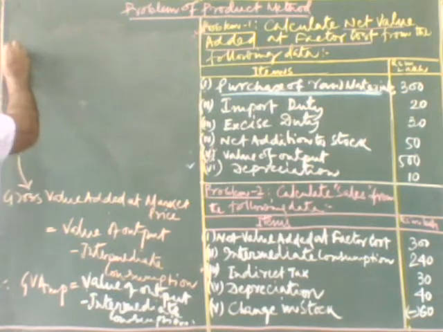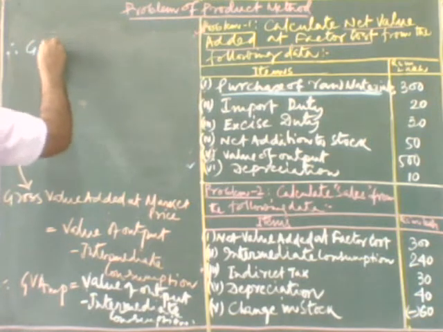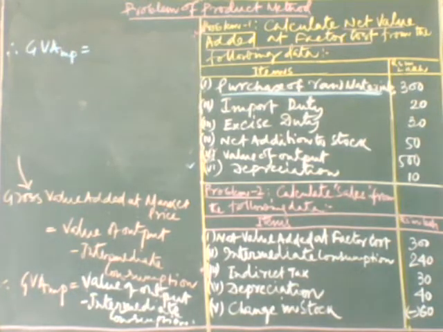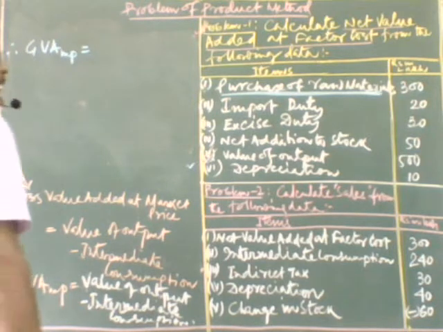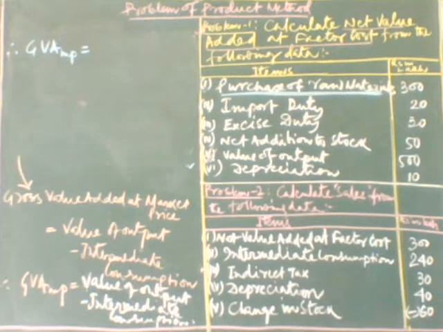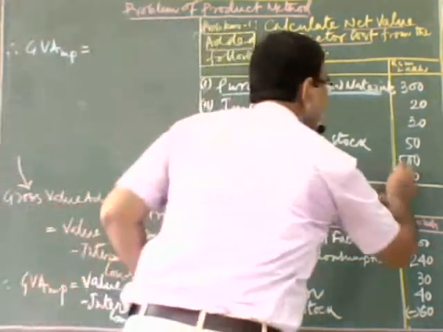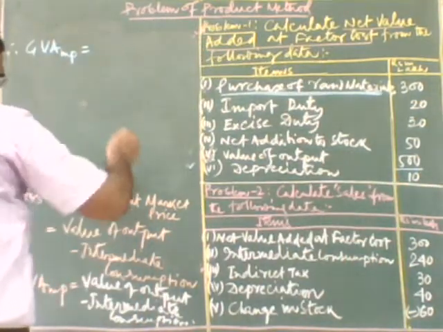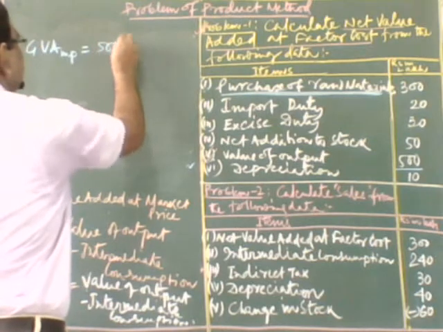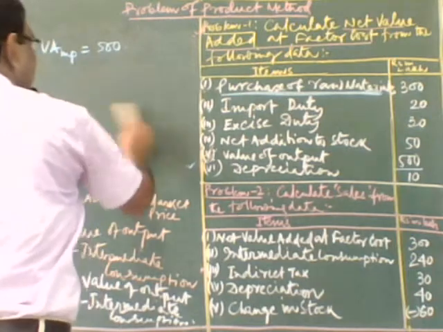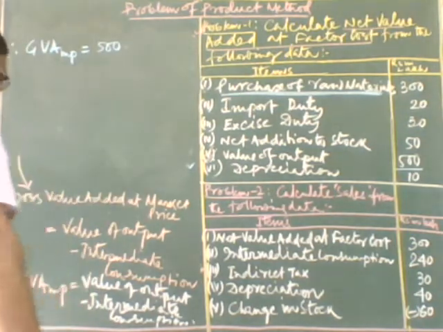Therefore, GVA at market price is equal to what? Already the value of output is given in problem number 1. That value is 500. You have to put this value: 500 minus intermediate consumption.